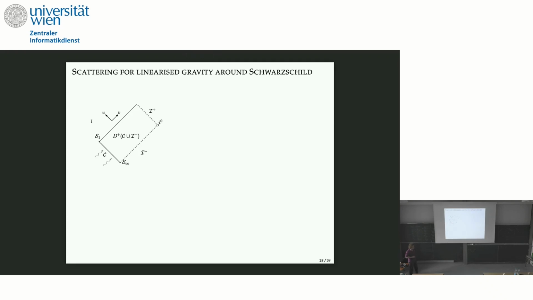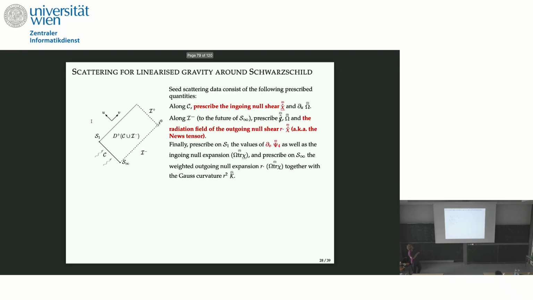So what we want to study is, of course, this problem. I want to pose certain data on this null cone, and I want to pose certain data in the infinite past. This is not a usual initial value problem; rather, given these asymptotic initial data, I need to find a solution that approaches these asymptotic data in the limit. The first thing to figure out is what the data consist of, and I'll only read the red and bold font things here.